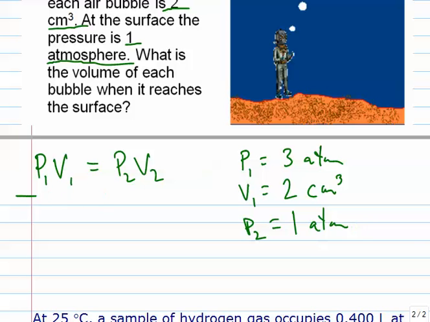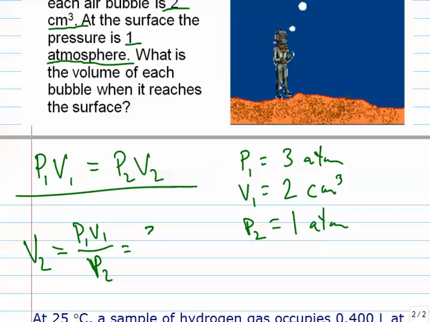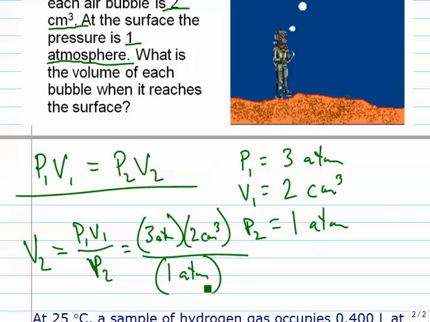Now we are going to rearrange and solve for our final volume: V2 is equal to P1 V1 over P2. So we have 3 atmospheres times 2 cubic centimeters divided by 1 atmosphere, telling us that our volume is going to increase threefold. So our final volume of our bubble will be 6 cubic centimeters.